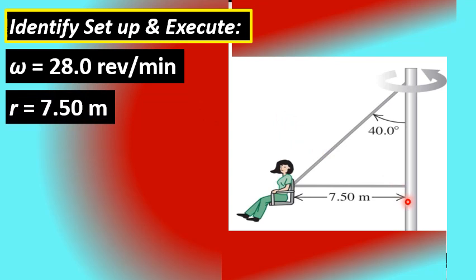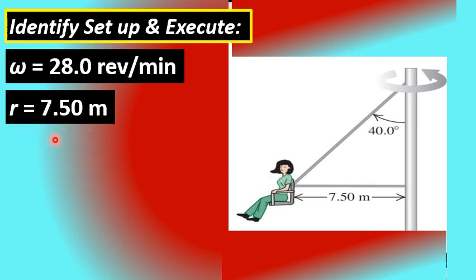The length of the horizontal cable is equal to 7.50 meters. So this length happens to be the radius of the circular path taken by the swing, that means by the girl and the seat.